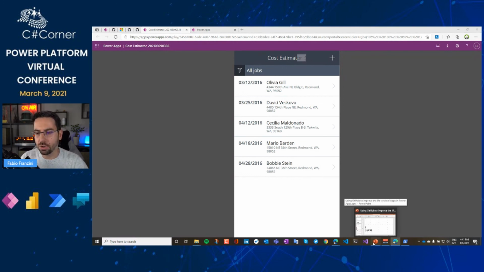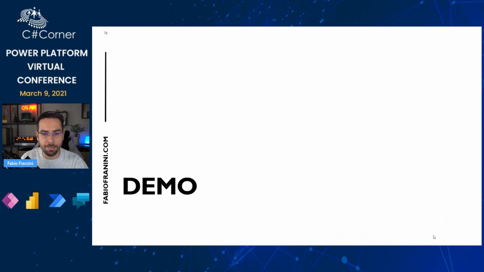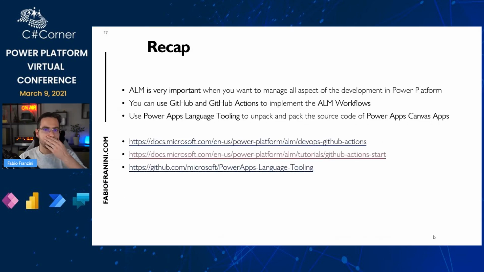Okay, so it's very, very powerful. So just a recap. You have to remember that application lifecycle management is very important not only for coded applications, but the same for Power Apps applications, because it's very powerful to store the source code and to manage ALM to deploy automatically to different environments.